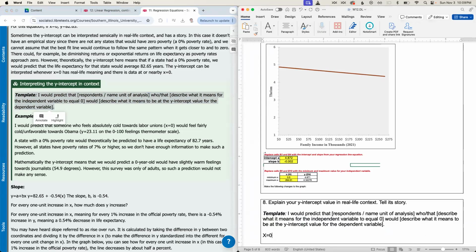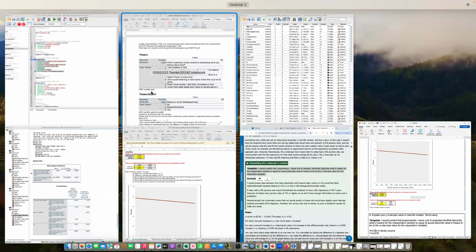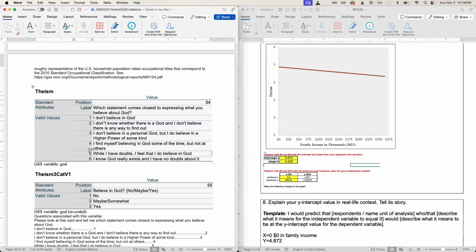And again, when x equals 0, that would be 0 thousands of dollars, right? $0 in family income. And if y equals, my intercept's 4.872, that would be closer to 5, but between 4 and 5.